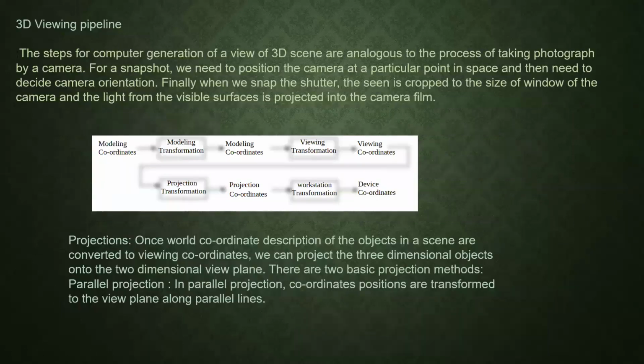So the next topic is the 3D viewing pipeline. The steps for computer generation of a view of a 3D scene are analogous to the process of taking a photograph with a camera. For a snapshot, we need to position the camera at a particular point in space and then decide the camera orientation. Finally, when we snap the shutter, the scene is cropped to the size of the window of the camera, and the light from the visible surfaces is projected onto the camera film.